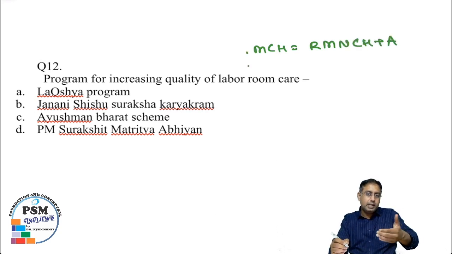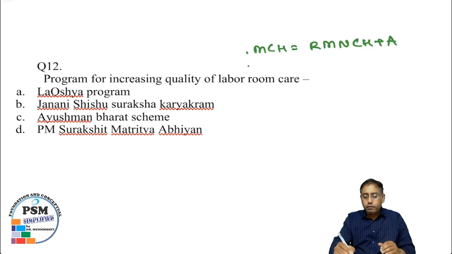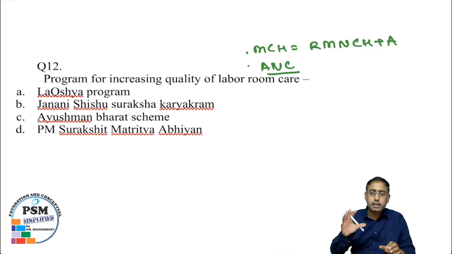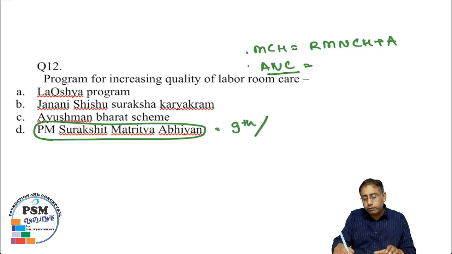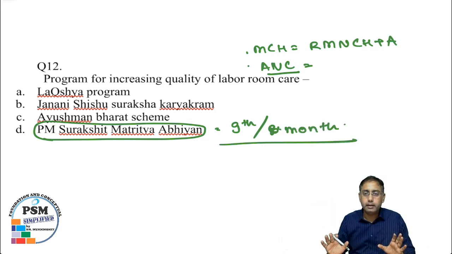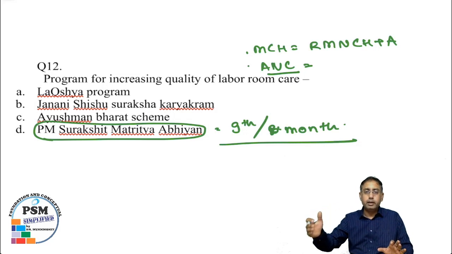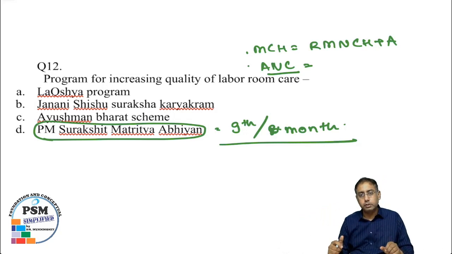Very recently, for very good ANC coverage, ANC is antenatal care, we started the Pradhan Mantri Surakshit Matritva Abhiyan. On the 9th of every month, there will be free ANC checking at all the PMSMA empaneled hospitals, and the quality of ANCs will be upgraded.